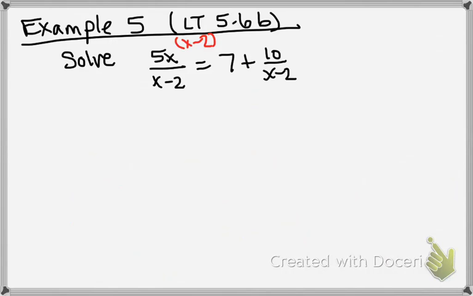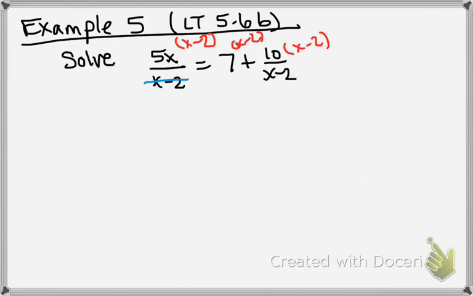The first fraction has an x minus 2, so I'm going to put that with each of my terms. The second term is not a fraction, so I don't need to multiply by anything. And the third fraction has an x minus 2 in the denominator. I've already multiplied by that x minus 2, so I'm not going to multiply by it again.